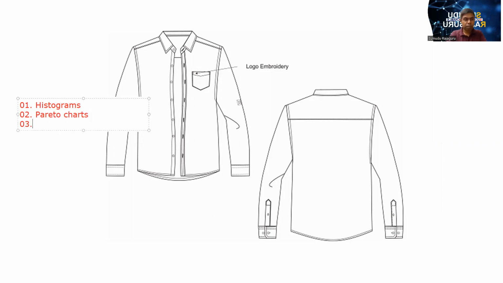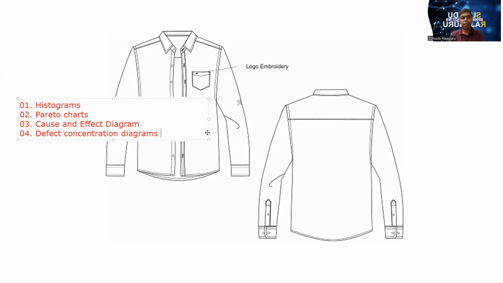The third one, cause and effect diagram. The fourth one, which we just discussed, defect concentration diagrams. Okay, right.